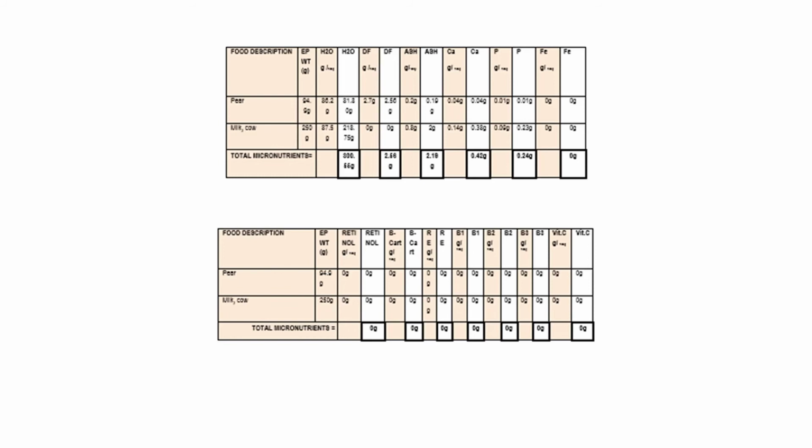The grams of phosphorus in pear is 0.01 grams, and for cow's milk is 0.09 grams. The edible portion of phosphorus in pear is 0.01 grams, and for cow's milk is 0.23 grams, totaling 0.24 grams.